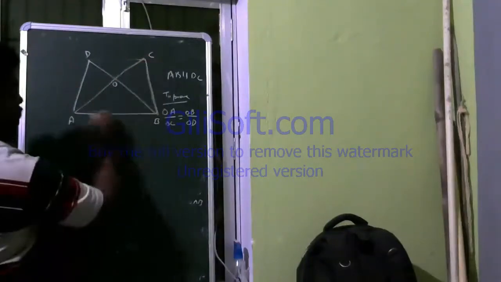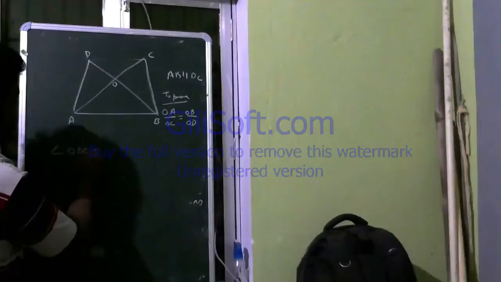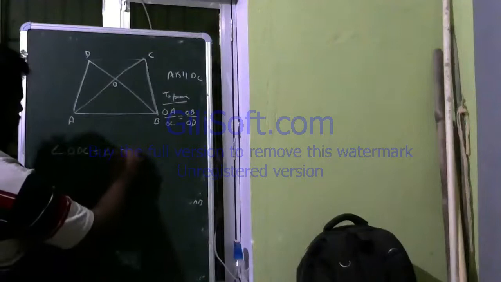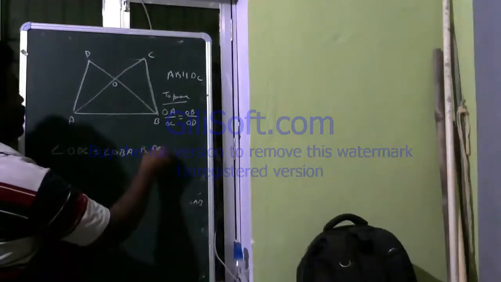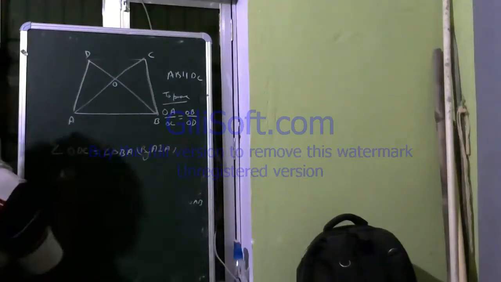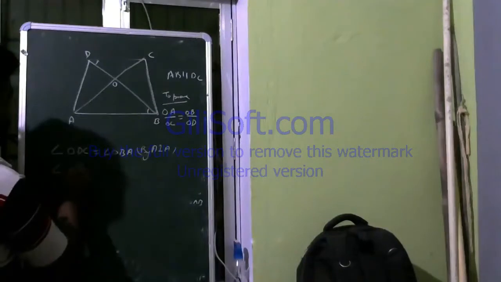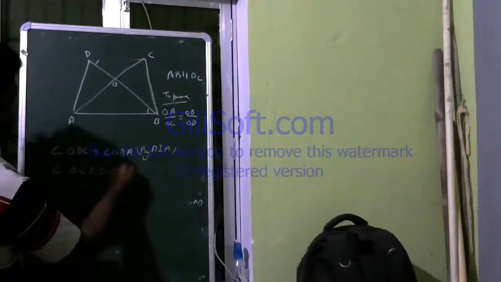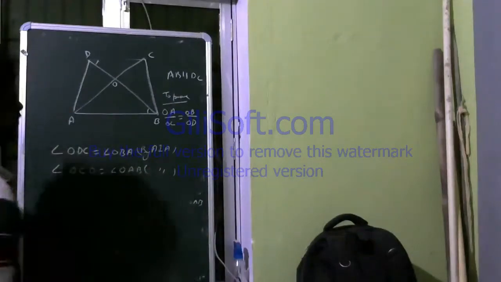Since these two lines are parallel, angle ODC is equal to angle OBA by alternate interior angles. Next, angle OCD is equal to angle OAB by the same reason.